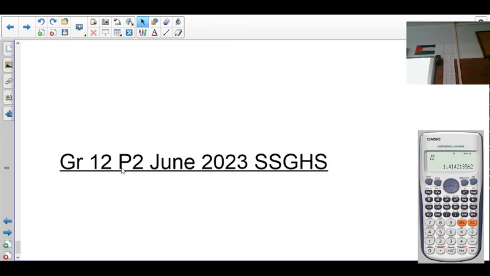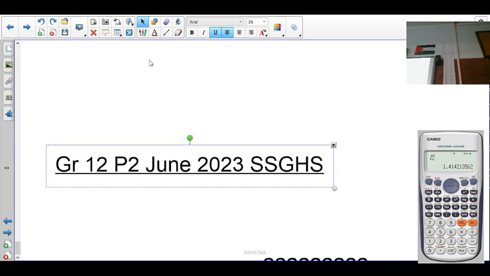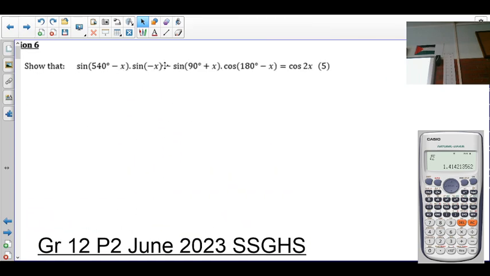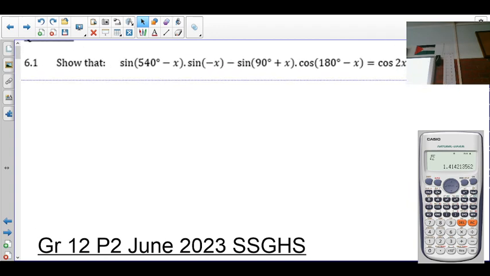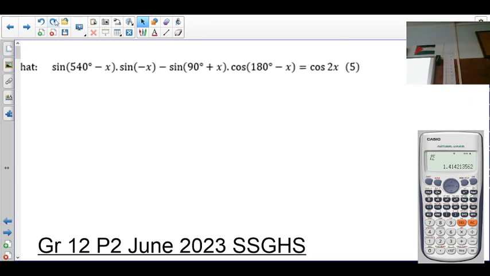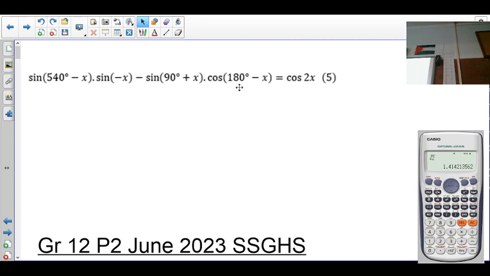Let's go to question 6. 5 marks. 6.1, it says show that sine of 540 minus x times sine of minus x minus sine of 90 plus x times cos of 180 minus x is equal to cos 2x.